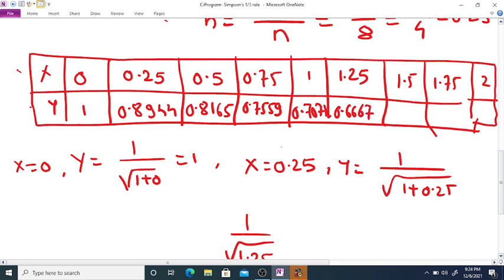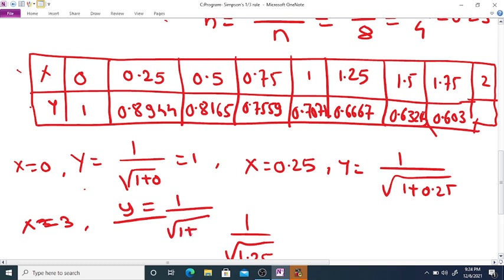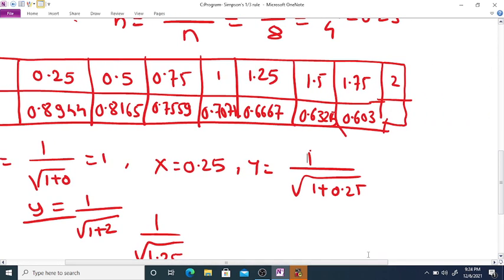For x is equal to 1.5, y is equal to 0.6325, then for 1.75 it is 0.603, and when x is equal to 2, then y is equal to 1 divided by square root of 1 plus 2, that is 1 divided by square root of 3, it is 0.5774.